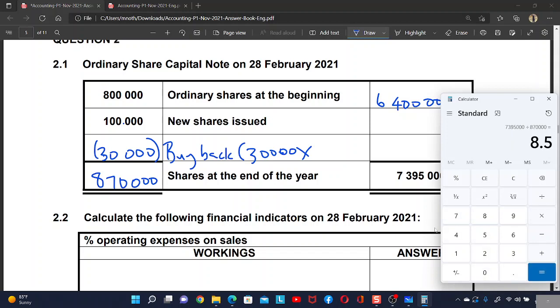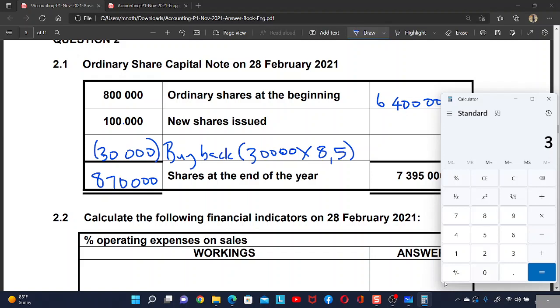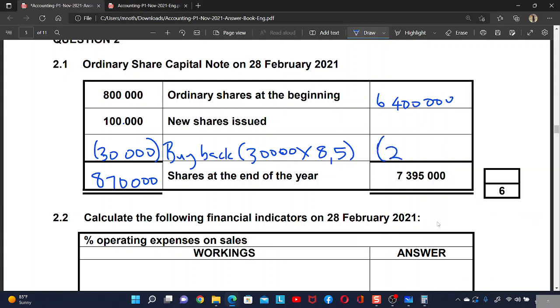So the average is 8 rand 5 cent. So 30,000 times 8 rand 5 cent. The answer is 255,000.